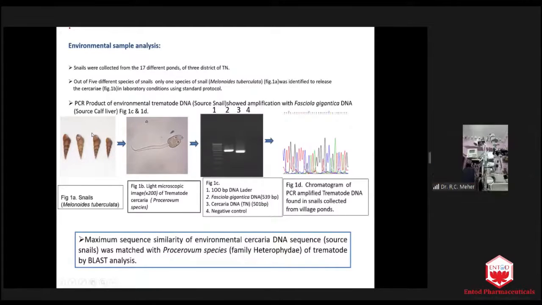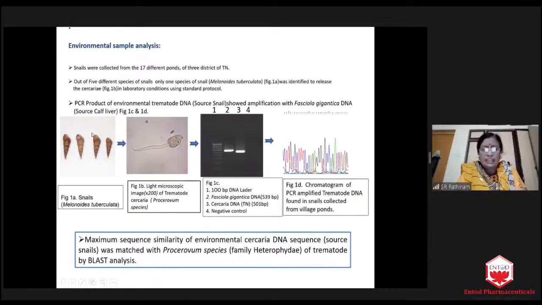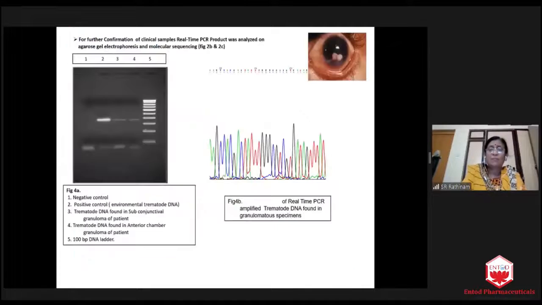So Cercaria, what we did is we did a wonderful research, and we collected these snails, we collected this Cercaria, we did RT-PCR, and we did real-time PCR also, and we did BLAST analysis and sequencing, as well as on the granulomas from the children.